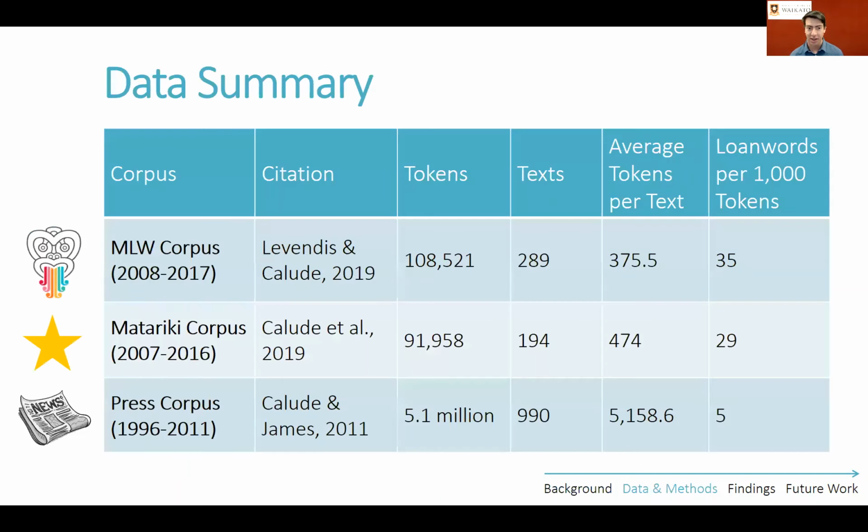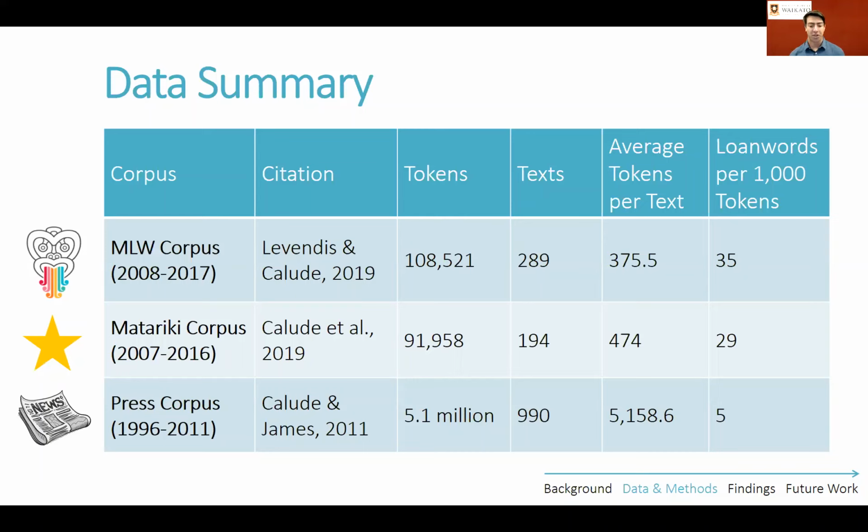In terms of data, our analysis is based on 3 existing corpora of New Zealand English newspaper articles. Because we're dealing with newspaper articles, the vast majority of texts are formal, highly edited, prescriptive, and tend to follow social norms.